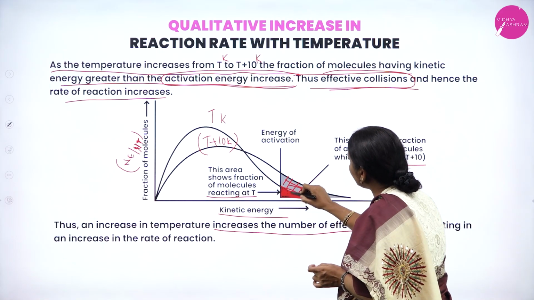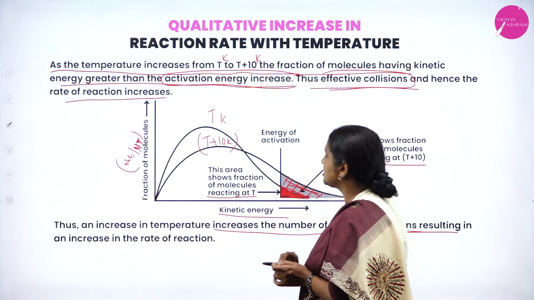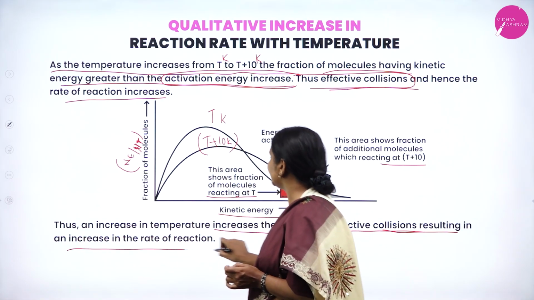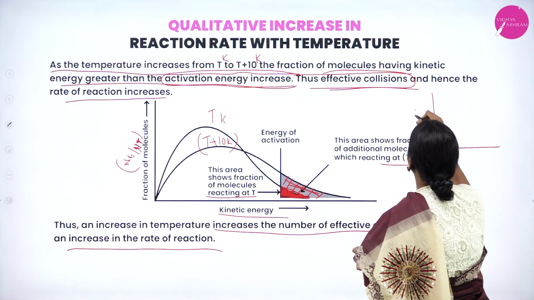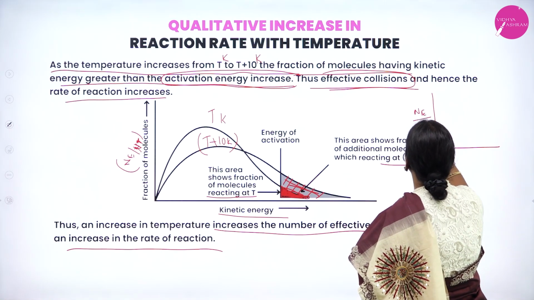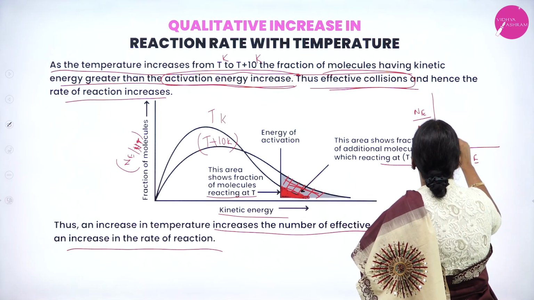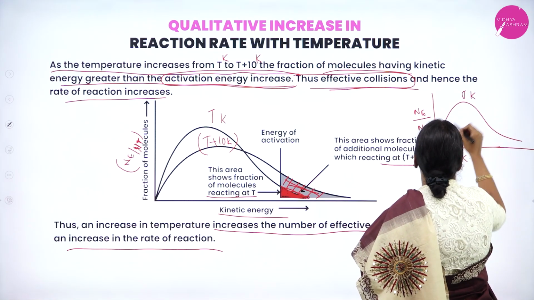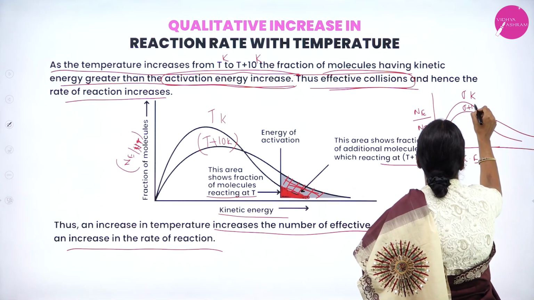So as the number of active molecules gets doubled, the number of effective collisions also increases, as well as the rate. Therefore, my dear students, when you take a graph of Ne by NT versus kinetic energy, the first graph we get is for T Kelvin, and the second graph is for T plus 10 Kelvin.